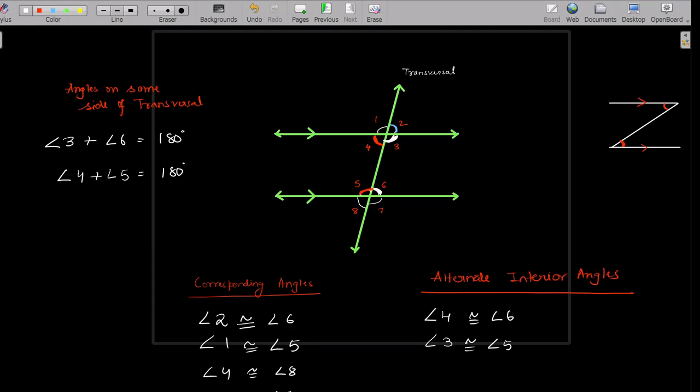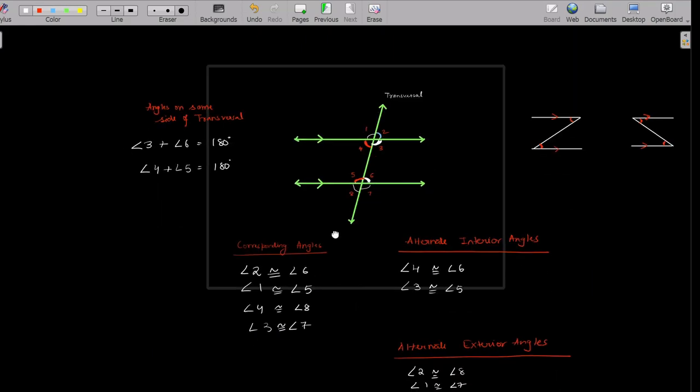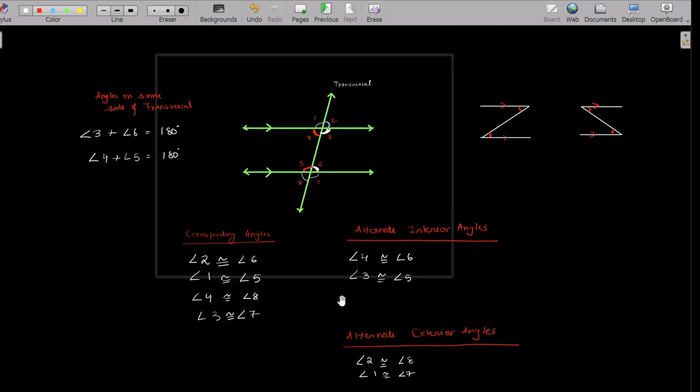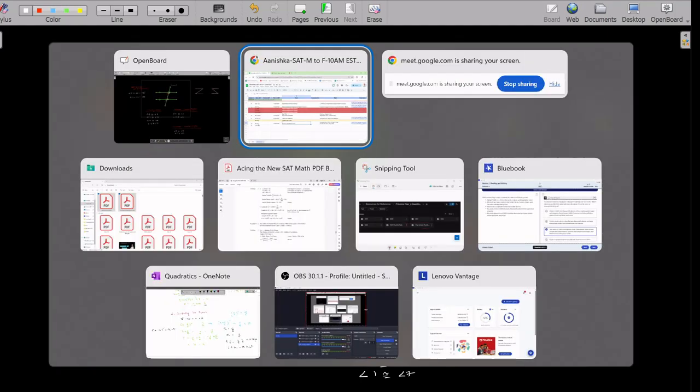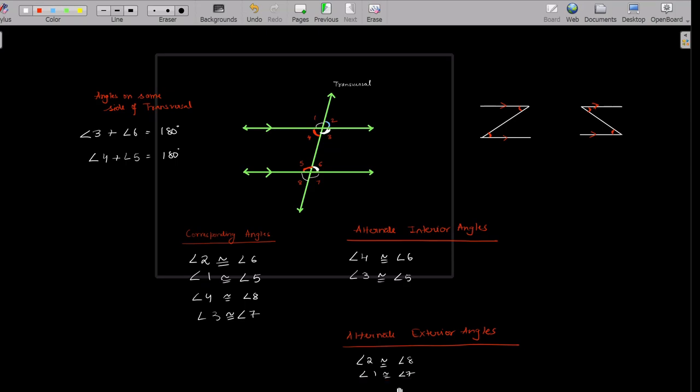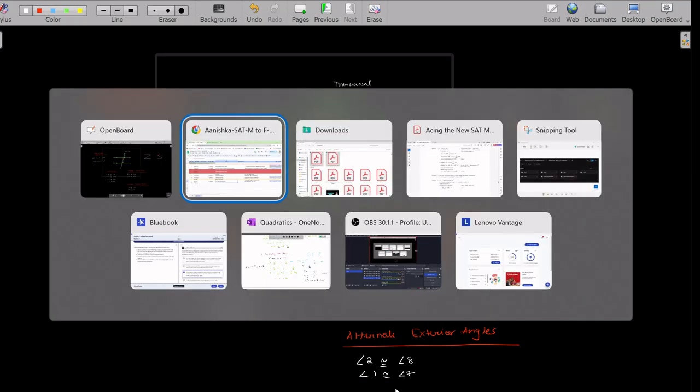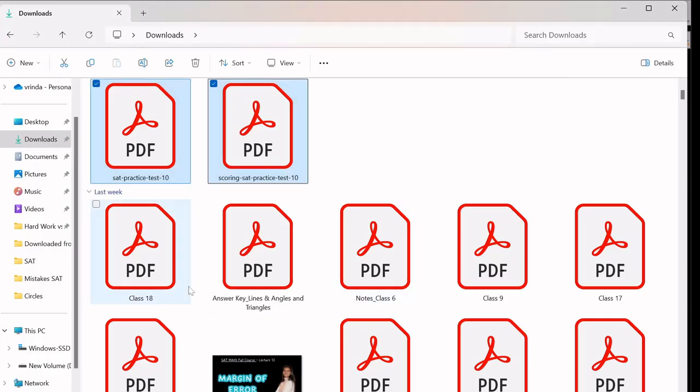Okay, Nishka? Yeah. So this is all about lines and angles. Let's do some practice questions based on this. Okay.